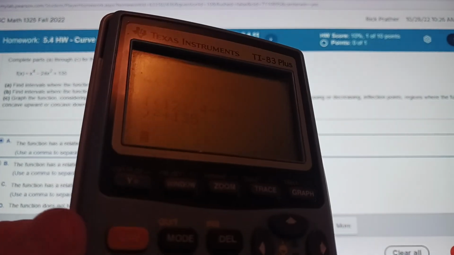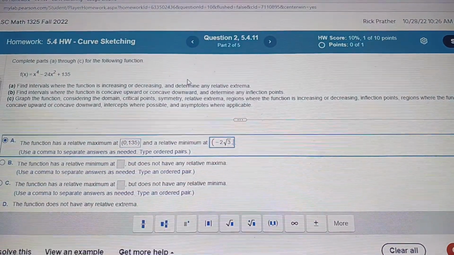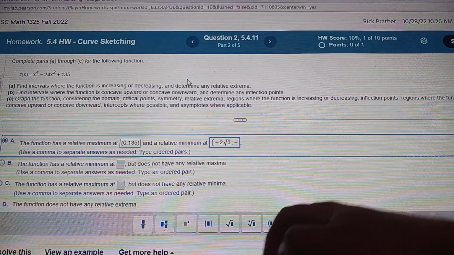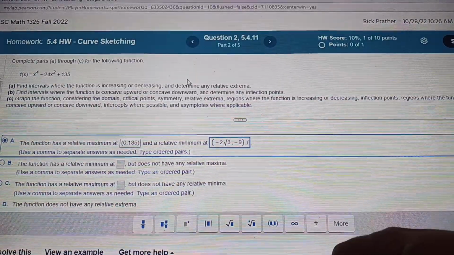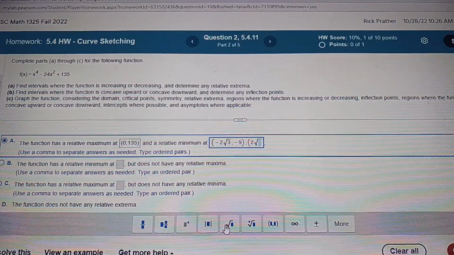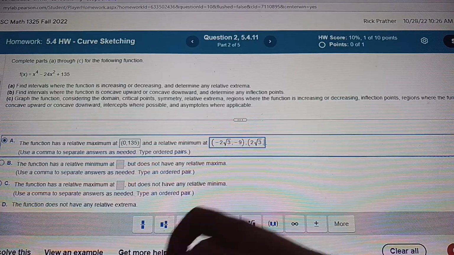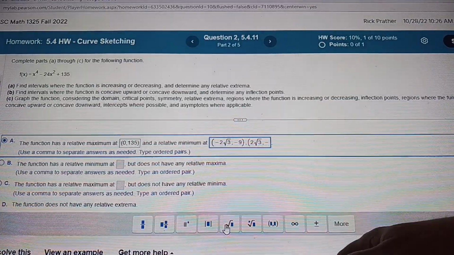And it came out weirdly exactly to -9. So that means -9 is as low as the graph ever goes. And then based on the even exponents, I can tell that the other one's going to be +2 square root of 3, also comma -9.